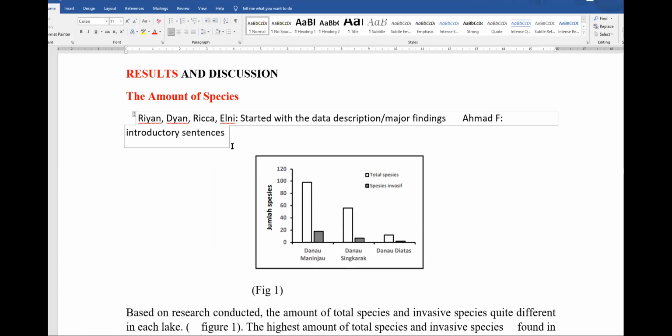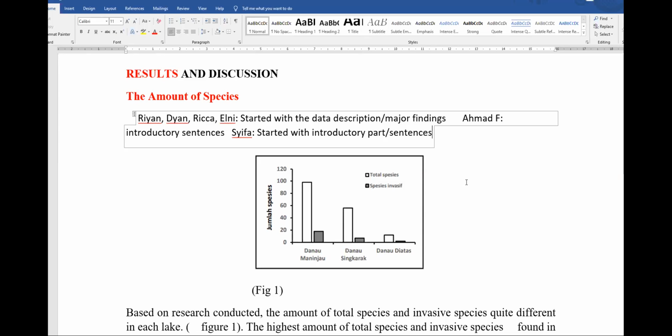And Shifa, do you have another? Yes, sir. I think we need to make some introduction in the results, sir, before we make the table or the result. We should make a little introduction, sir.